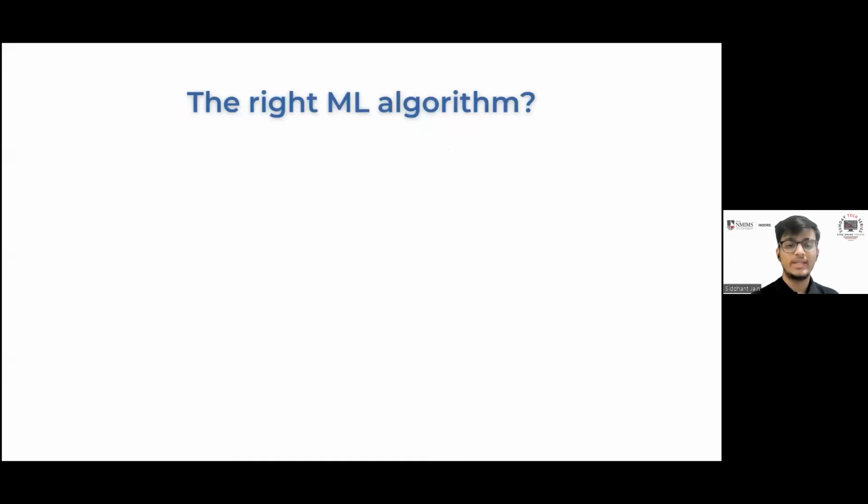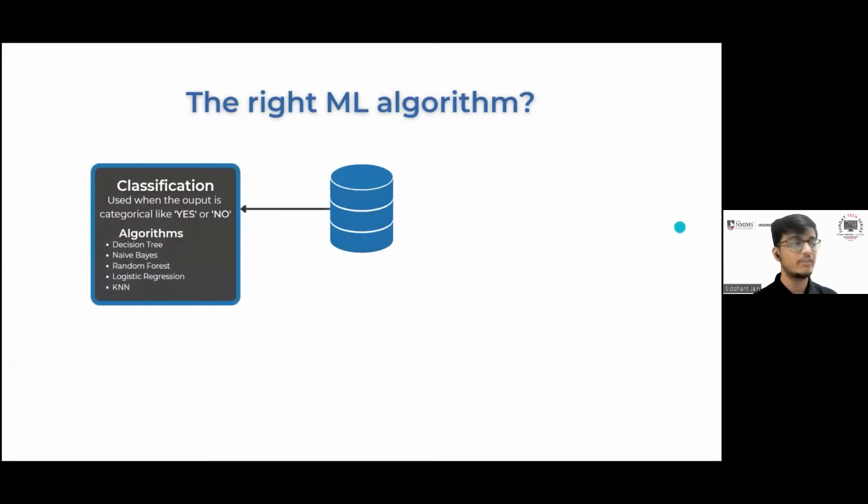To solve any problem, we use an algorithm. Algorithms in the simplest sense are nothing but steps and methods to solve a particular problem. Algorithms are not machine learning, but ways to solve a machine learning problem. The very first kind of method that we will discuss is classification.